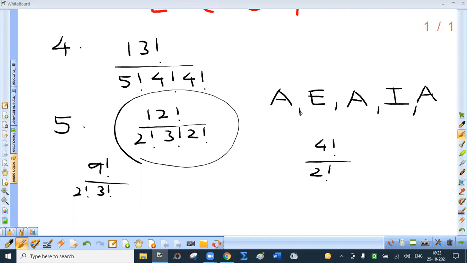The vowels are, just make the correction. Don't cancel everything. Vowels are A, E, A, I, A. That is 5 vowels in which A occurs thrice.